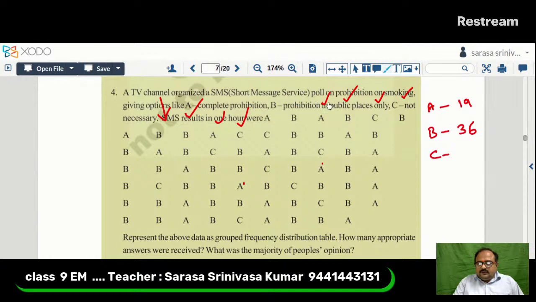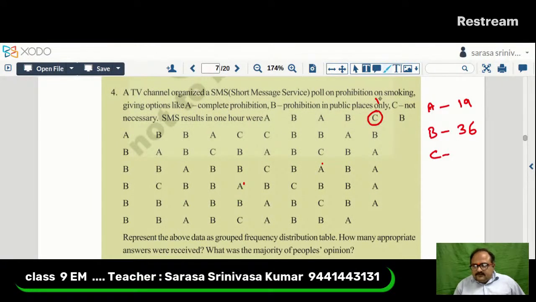Now we count the next option C. What is option C? Prohibition is not necessary. Let us observe how many polls are there for option C.